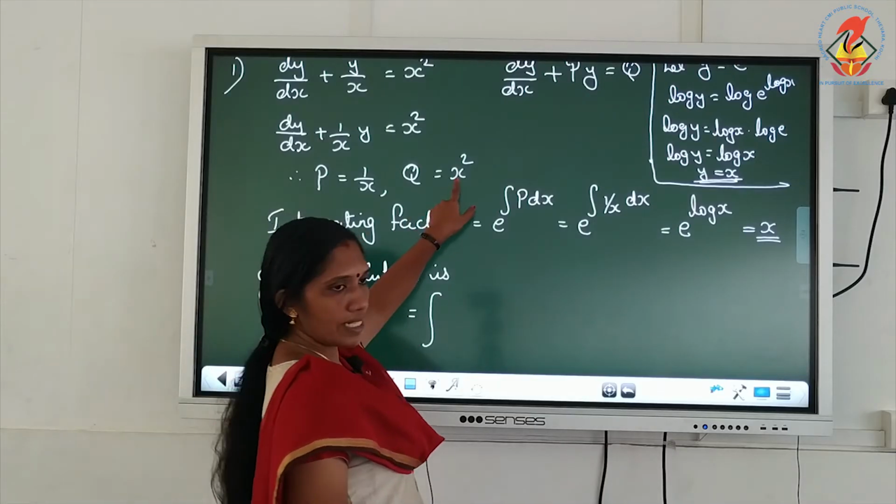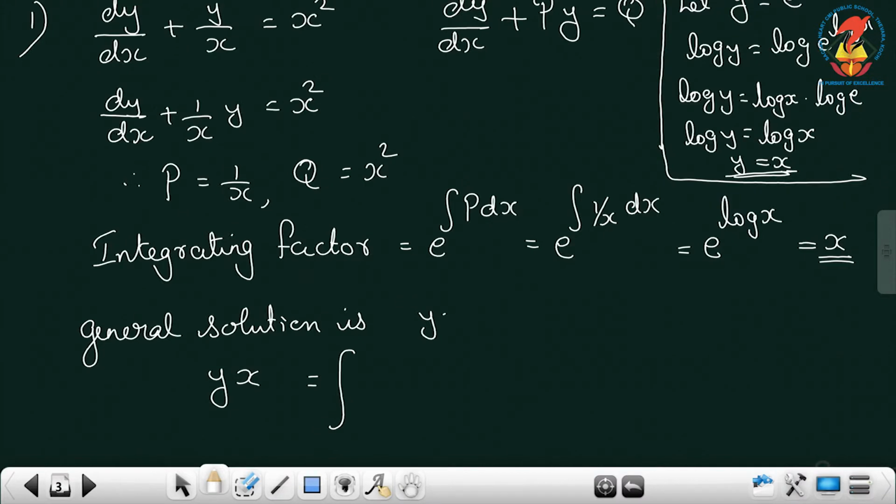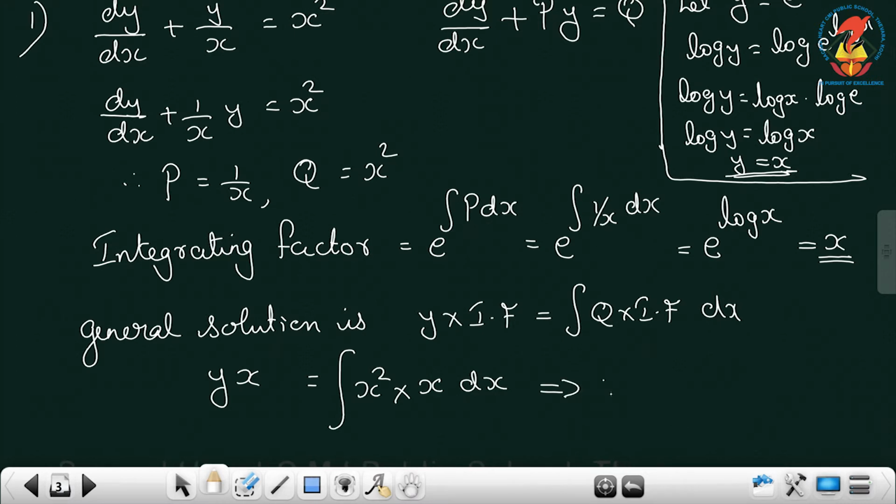The right hand side is q. I'll write here integral q into integrating factor. This is the format. So integral of q is x square into integrating factor is x dx, which implies x into y is equal to x square into x is x cube.